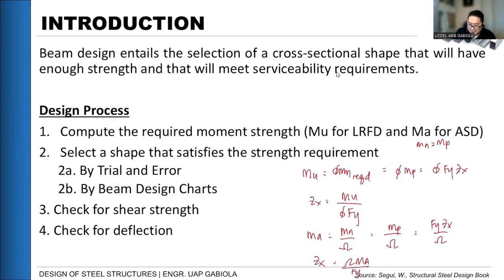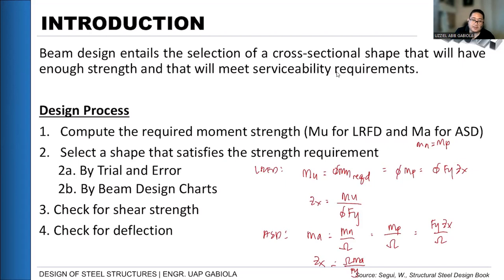Okay? So, yung factor natin nasa taas. So, depende na lang sa hinihingi sa problem kung ano yung gagamitin natin value, no? So, sa LRFD, and then ito ay ASD. Okay? Ayan. So, once may value tayo ng Zx, ngayon magsiselect na tayo ng shape.